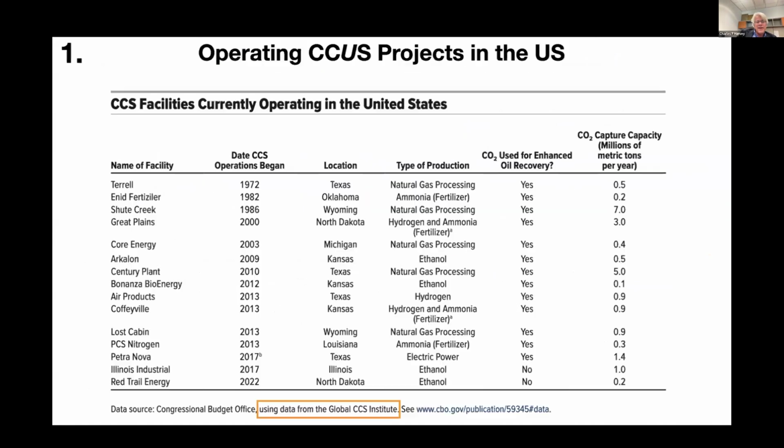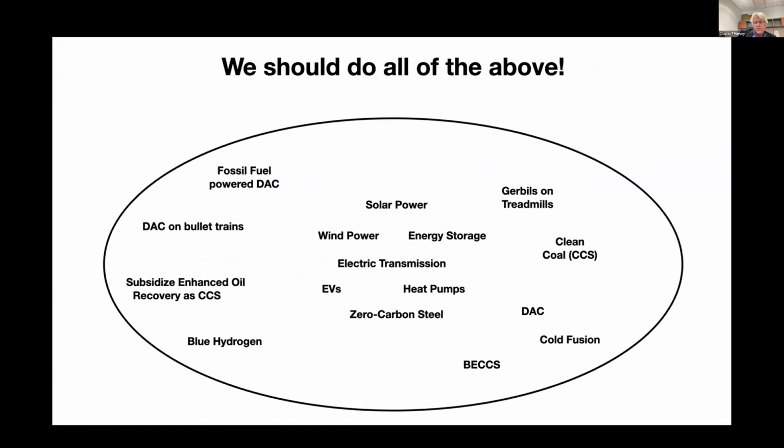But let me wrap it up with one simple figure here. And that is the biggest counter argument to the work that we've been doing recently to objectively evaluate CCS: that we should always do all of the above.